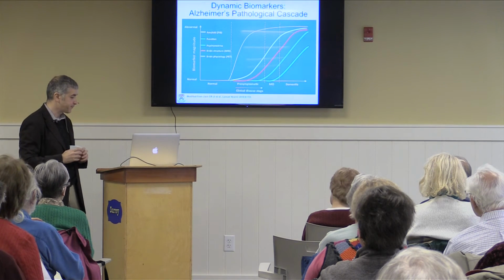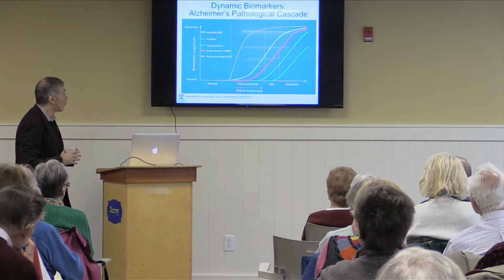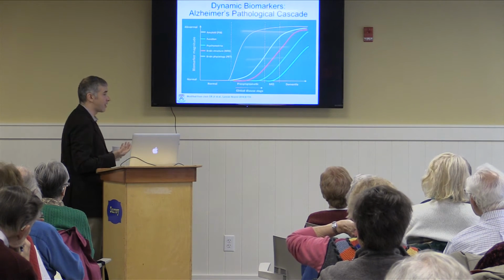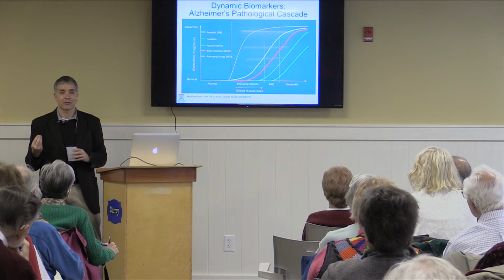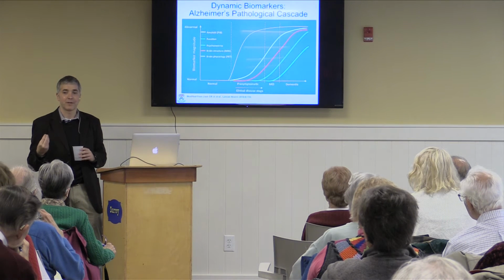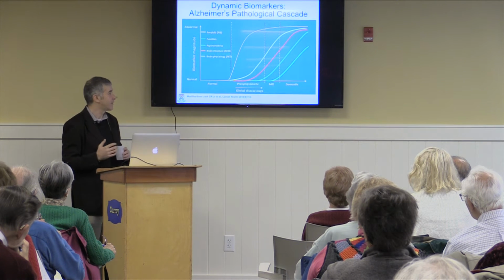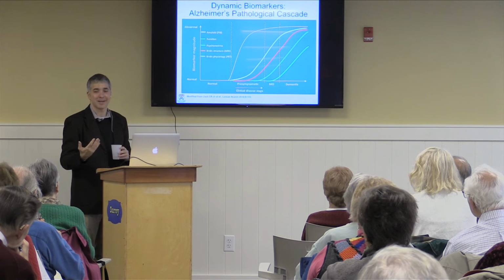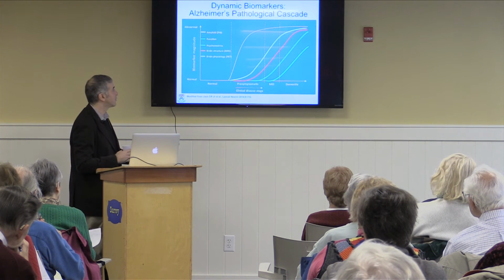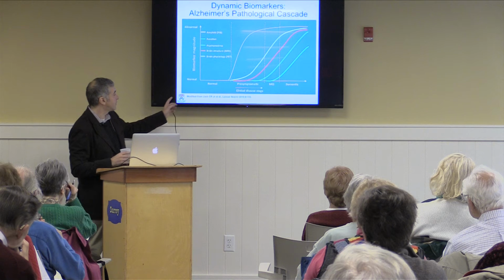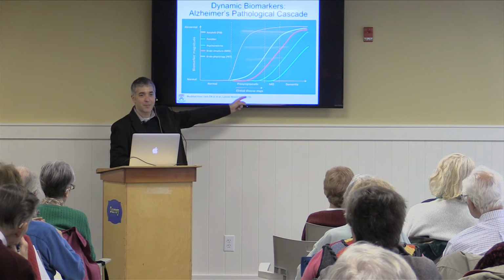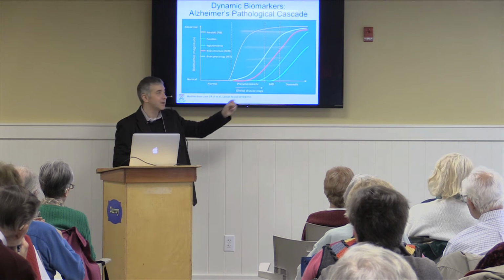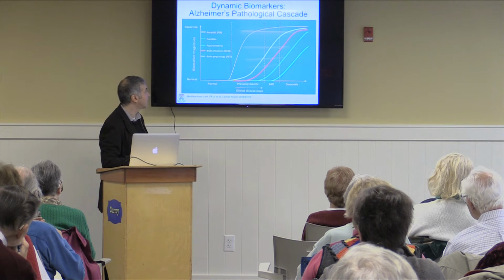Oh, before I do that, actually a couple other points. One is we have also developed a model over time of how these biomarkers change at different points within the disease course. This is a figure that's shown all the time in our meetings, and I don't think the details are super important here, other than to know that there's a continuum from being normal to a pre-symptomatic stage to mild cognitive impairment to dementia or Alzheimer's disease.